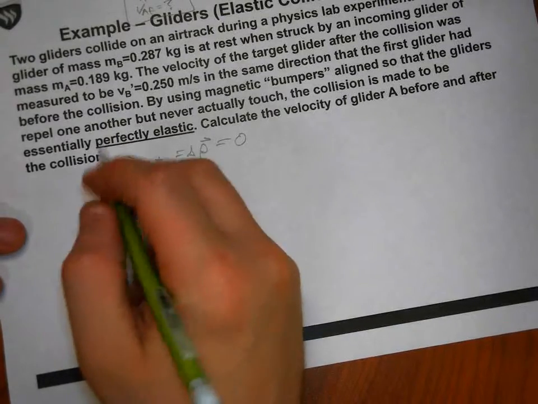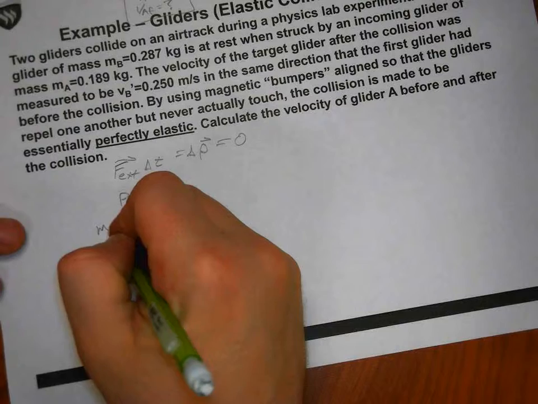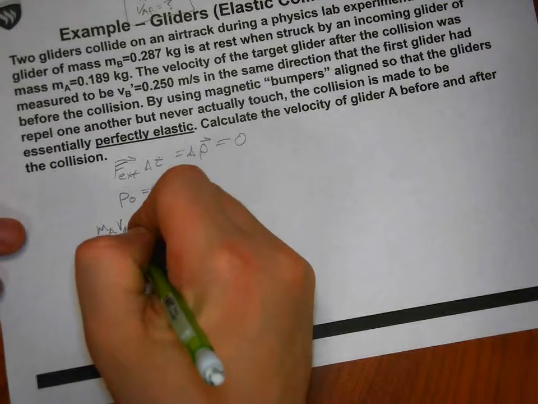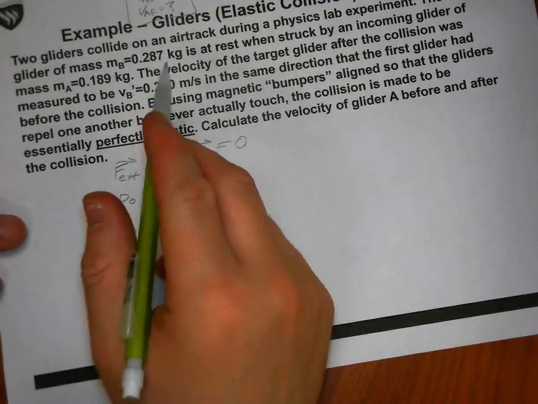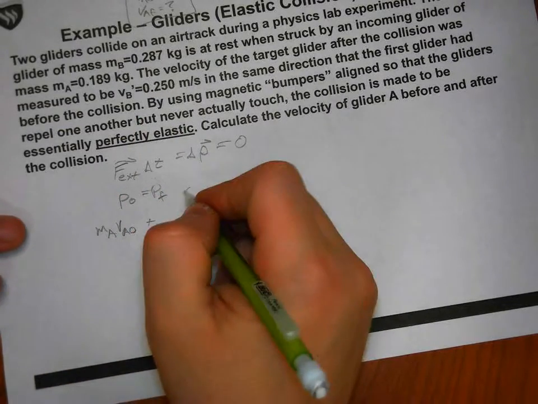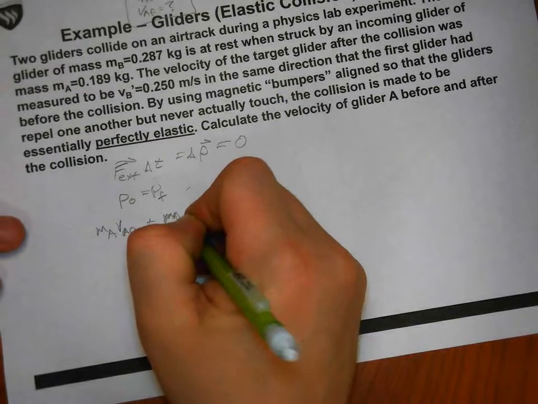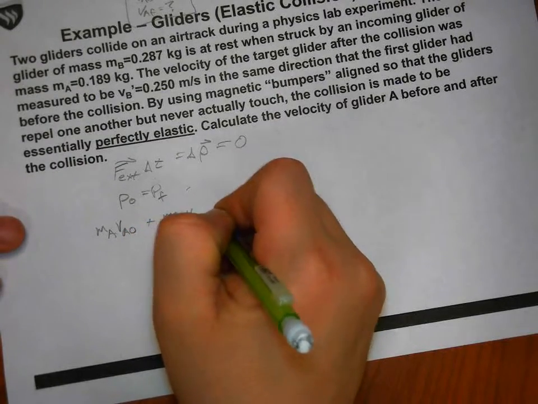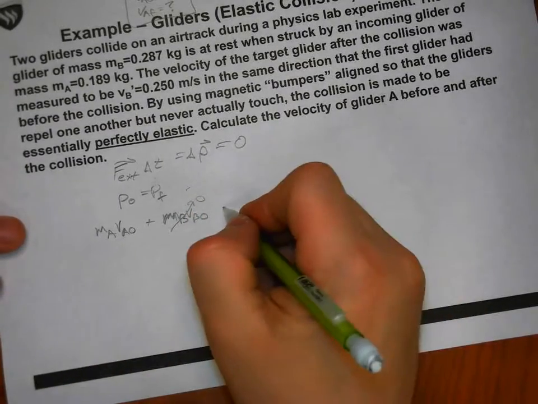Okay, so in the beginning, you have MA VA naught. That's the initial momentum of glider A, plus MB VB naught, and we know that's going to be 0 because it's at rest.